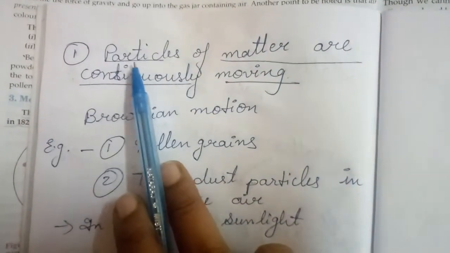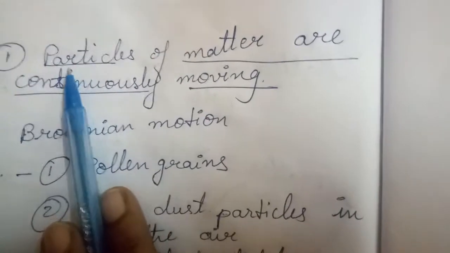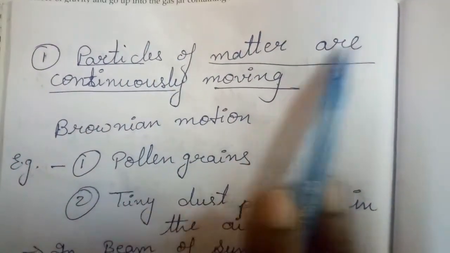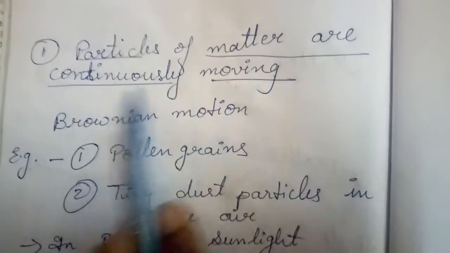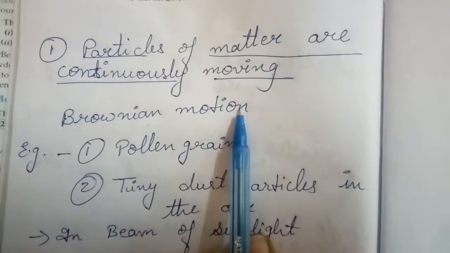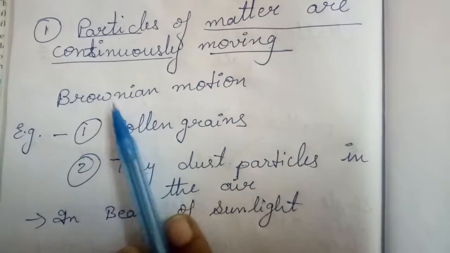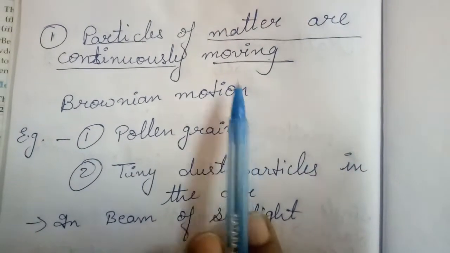Now here the second characteristic is that particles of matter are constantly moving, and this can be explained by Brownian motion. Now what do you mean by Brownian motion? You have to take a glass full of water in this manner, and in this glass you have to add pollen grains on its surface.